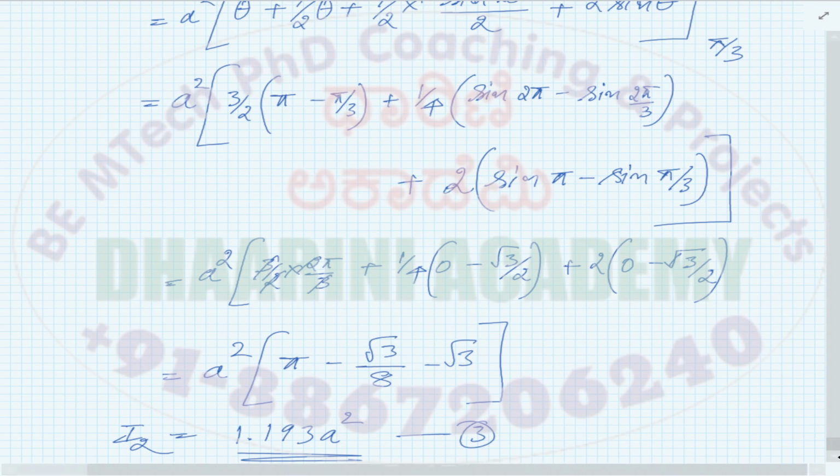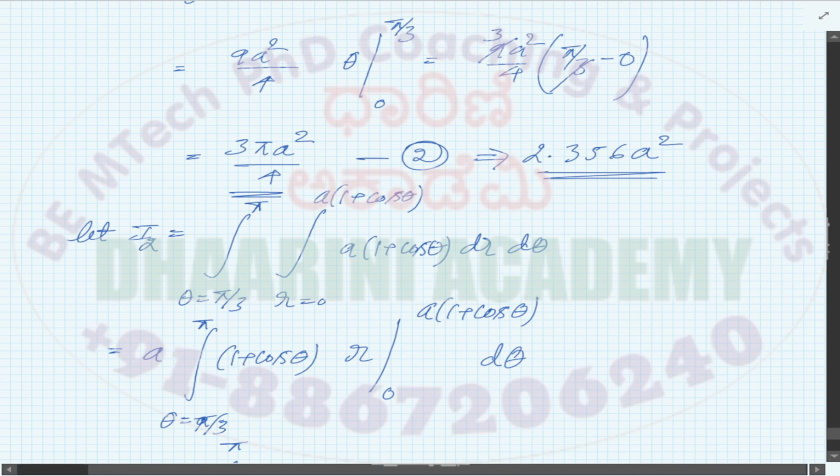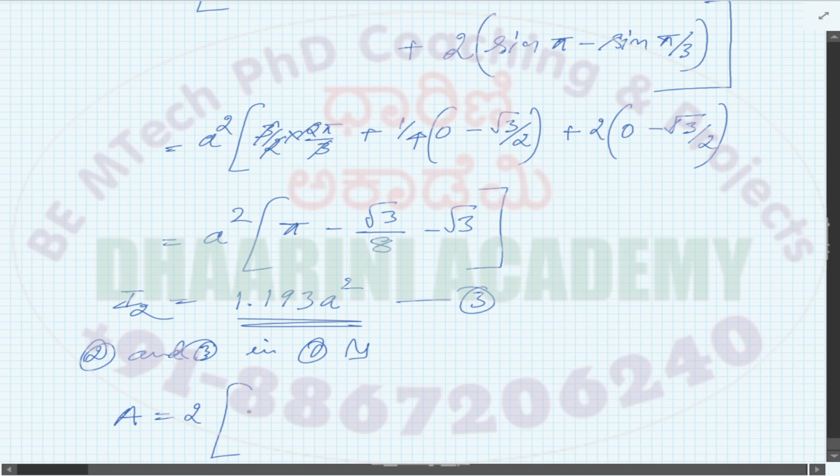Equation 2 and equation 3, in the first equation I get the answer: a is equal to 2 times, let's look at what was equation 1, 2.356 a square plus just now we got 1.193 a square.